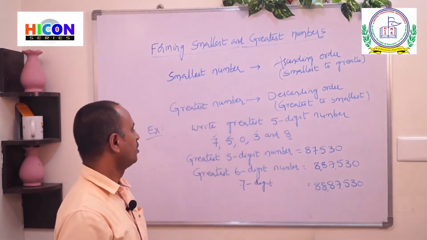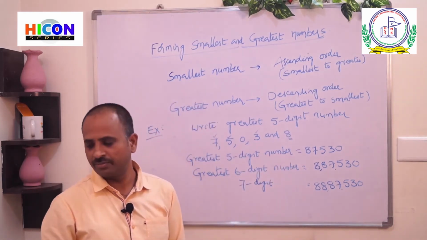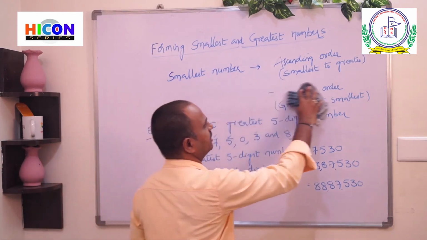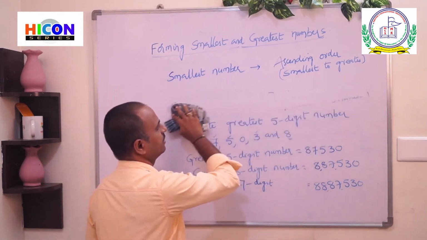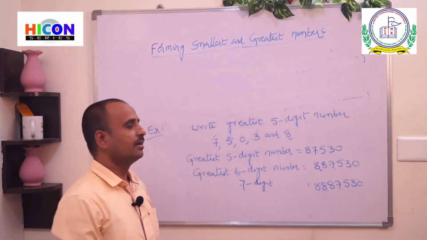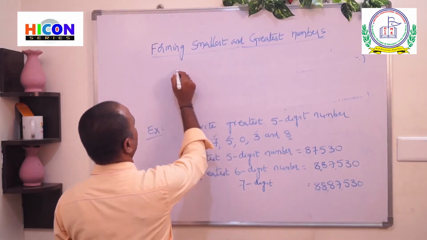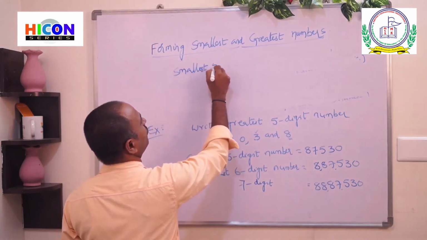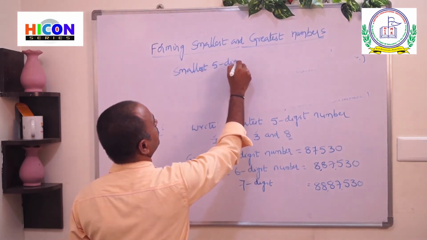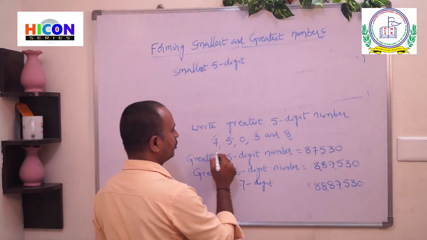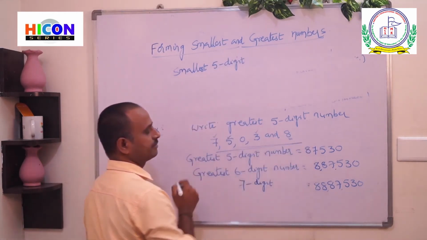In the same way, how can we write the smallest number? The smallest number can be obtained by arranging the given digits in ascending order. Let us write the smallest 5-digit number by using these 5 digits.